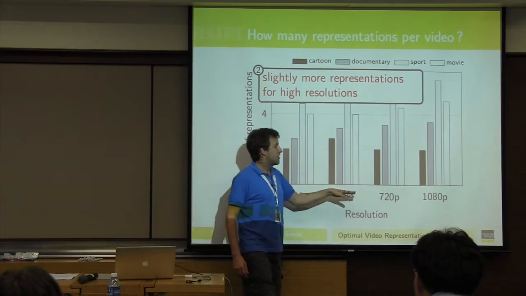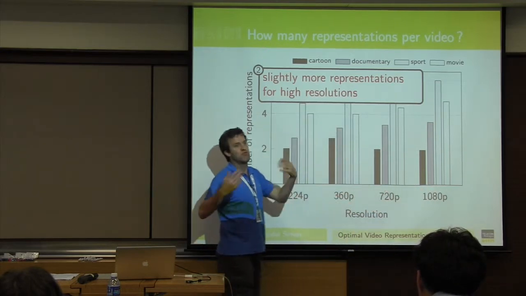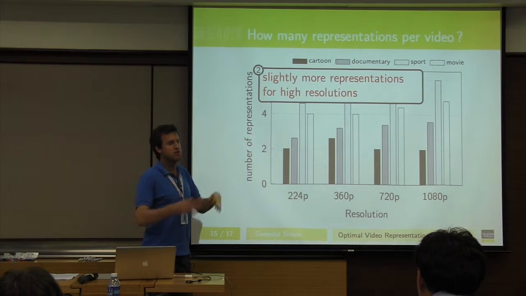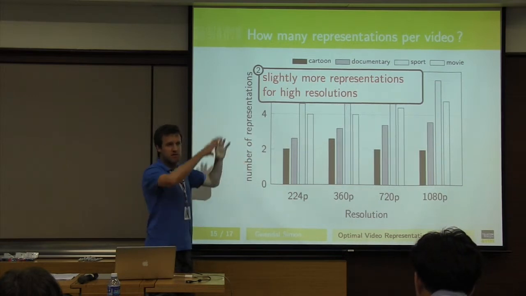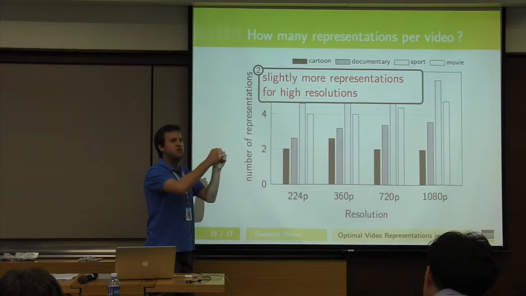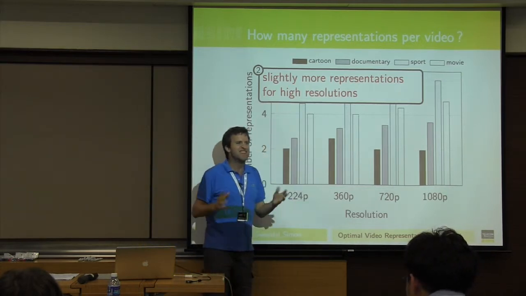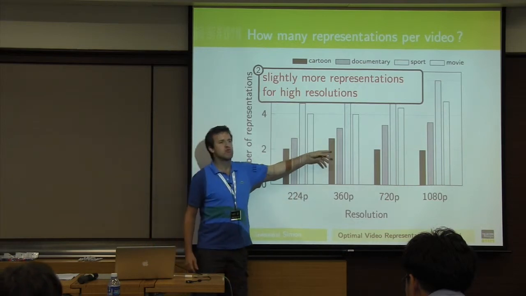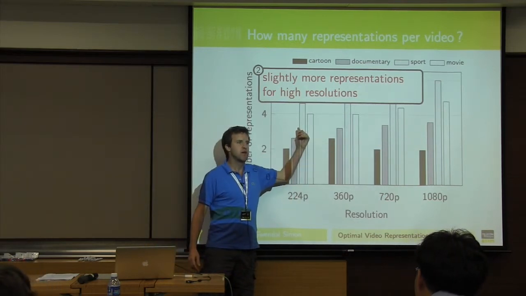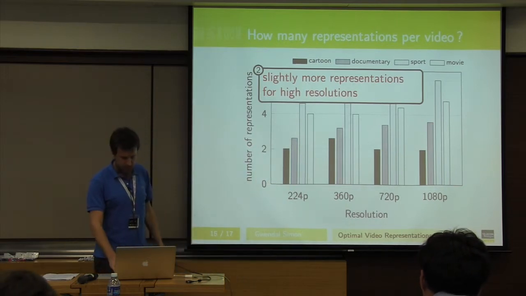So it means that if you want to address people with smart TVs, you have to provide more representations, because the quality of experience is a little bit more distributed in the bitrate scope. So you have to produce slightly more, but it's not like twice as in the first guideline. It's something a little bit more subtle.